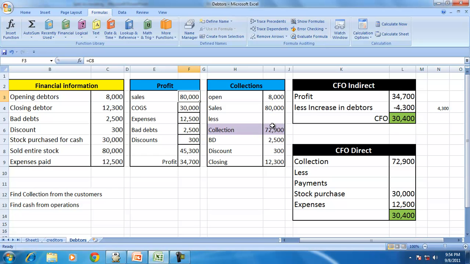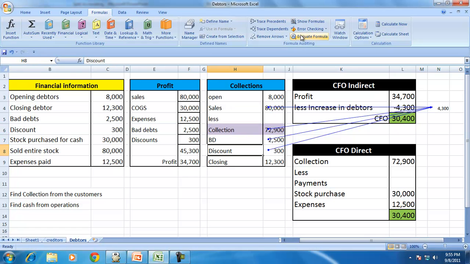Your collection is only 72,900 and there is a bad debt. So the net effect of the change in the debtors explains the transactions relating to the debtors, and the transactions related to the debtors are sales, collections, bad debt and discount.